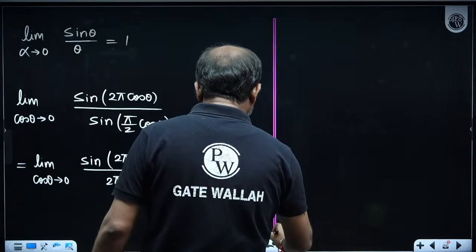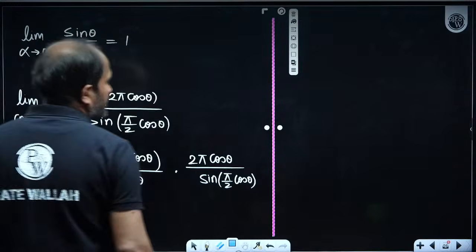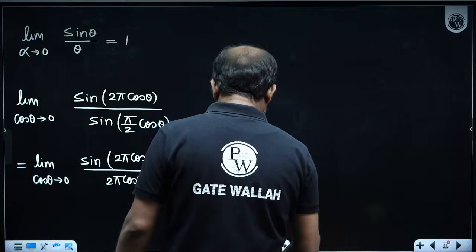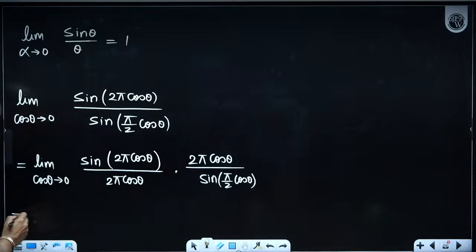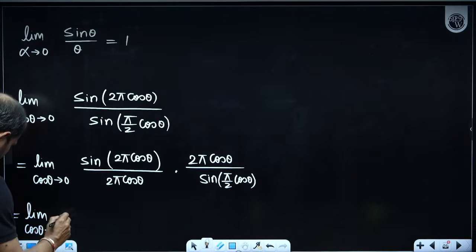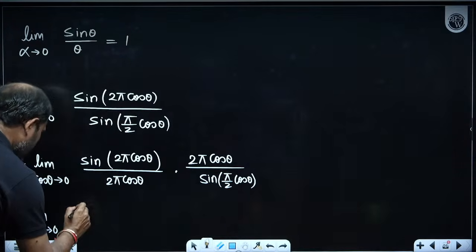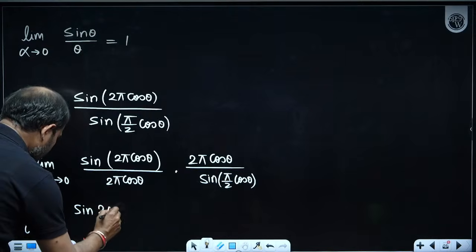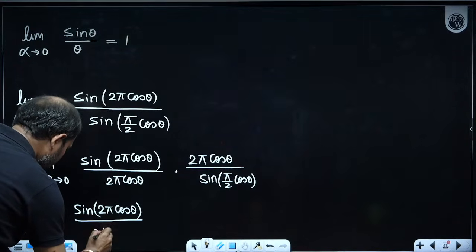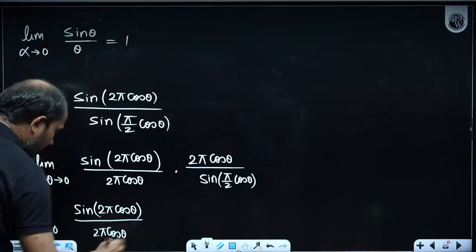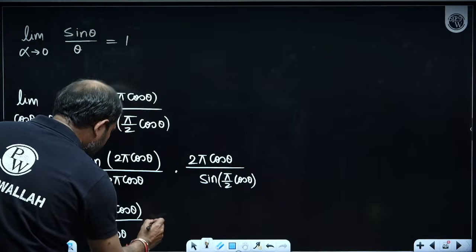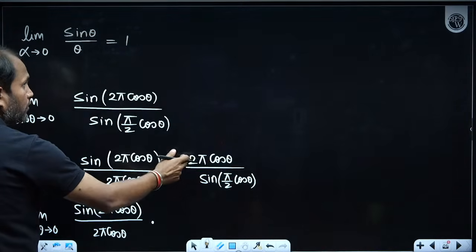Then we have this one, so I will apply separate limits. Limit cos theta tends to 0, sin 2 pi cos theta upon 2 pi cos theta, and here I will apply a separate limit. So 2 pi I will write as 4 into pi by 2.